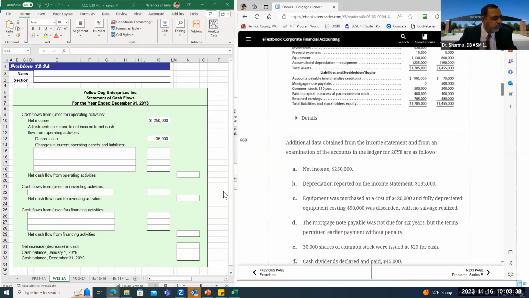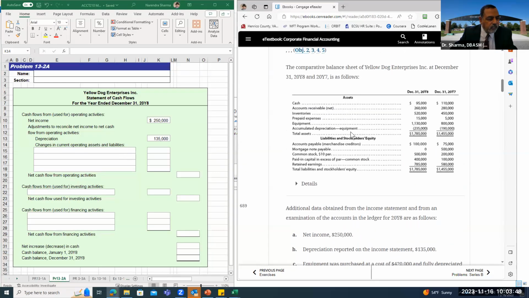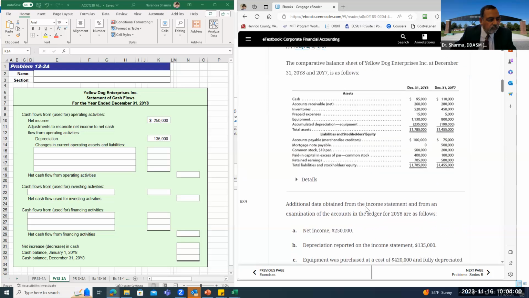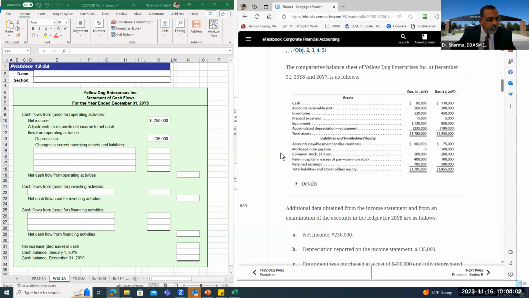That's the second thing. With regards to the changes in operating assets and liabilities, we look at the current assets and current liabilities, except cash. We have accounts receivable, inventory, and prepaid expenses, 3 current assets, and in the current liabilities only 1, accounts payable.